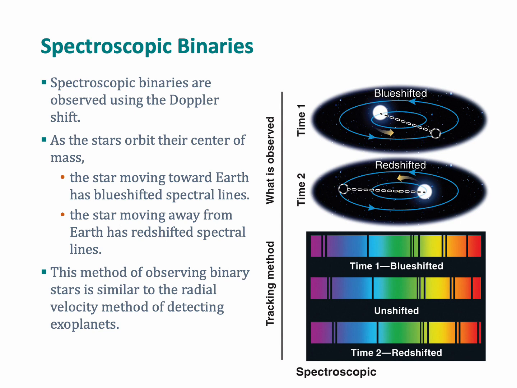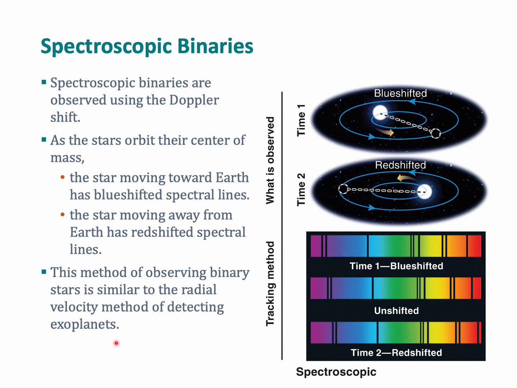So here in this top example, this smaller star is moving away from the Earth as it moves around here, and the larger, brighter, whiter star is moving towards us. So this star will be blue shifted and this one will be red shifted, or as the orbit progresses, they will switch, and so we'll move from a blue shift to unshifted to a red shift. So that's a spectroscopic binary.